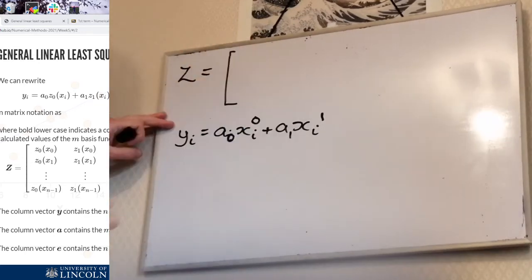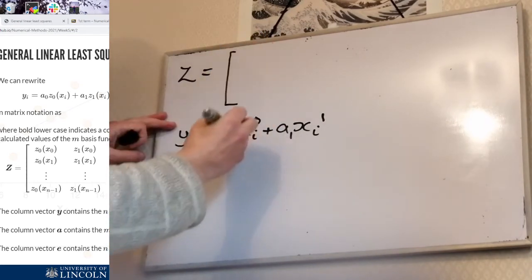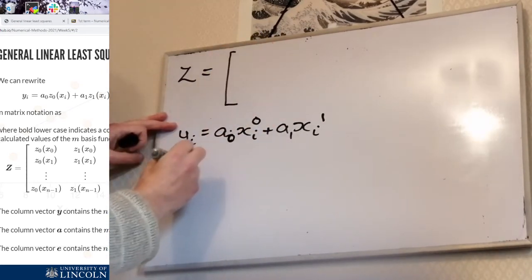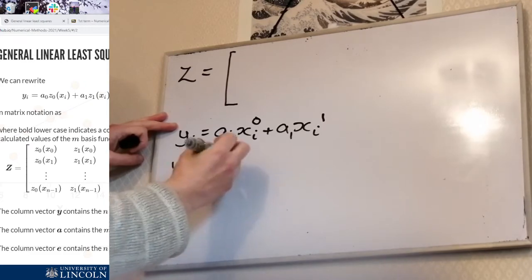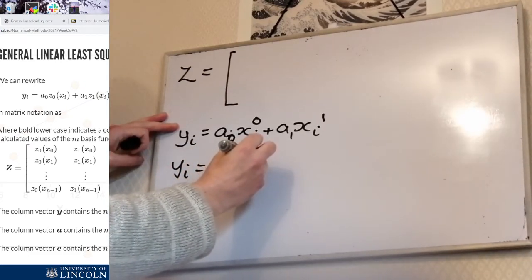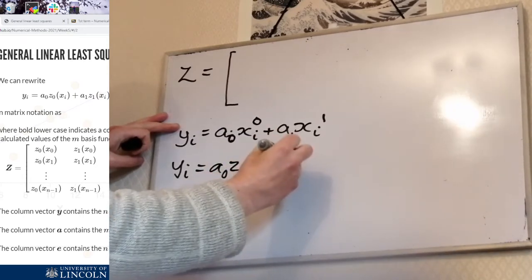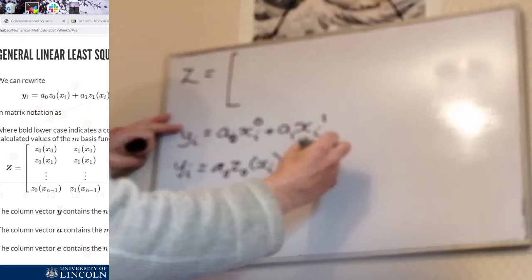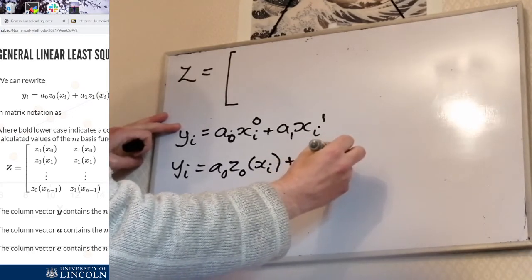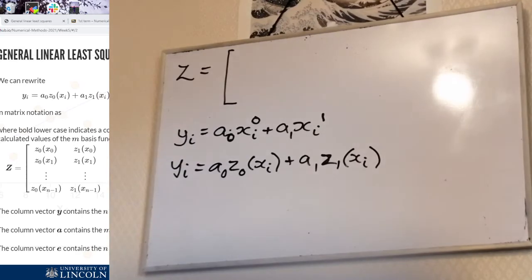So in general, if I wrote my general formula, I had a0 z0 evaluated at my position plus a1 z1 evaluated at my position.